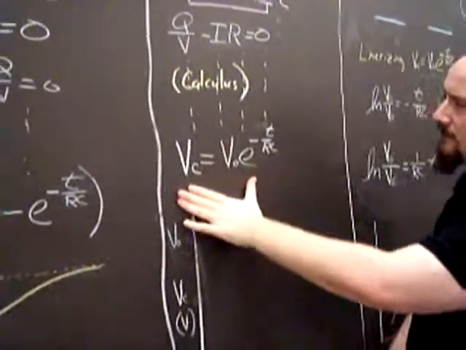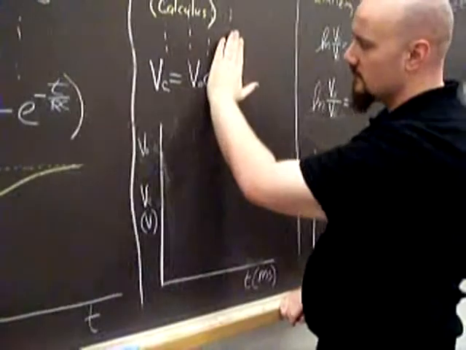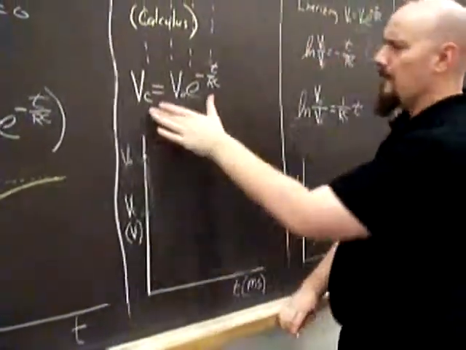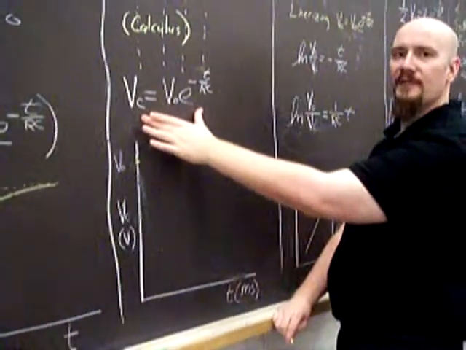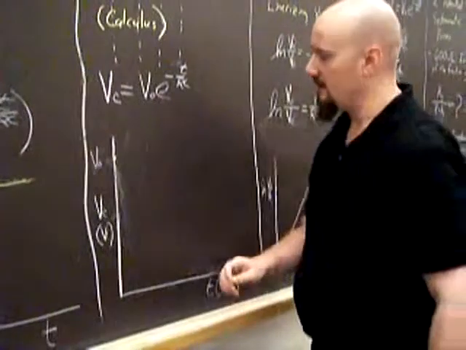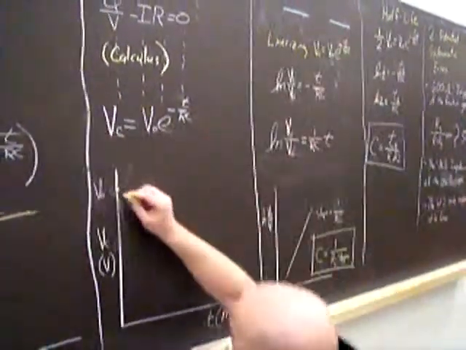Let's see what this looks like. At time 0, this is e to the 0, which is 1, so we start at V naught. As time approaches infinity, this will be e to the minus infinity, which will go to 0. It exponentially decays, or asymptotically approaches 0. So it looks like this.